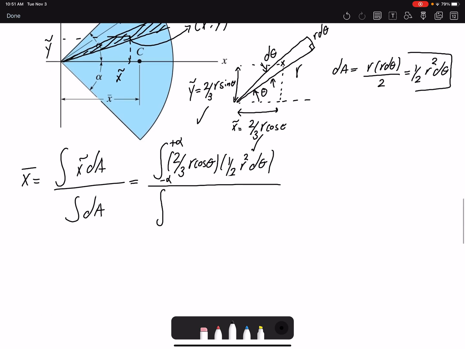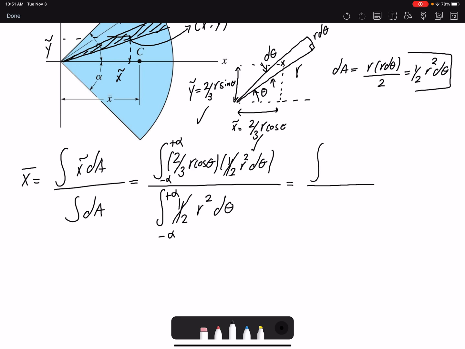Similarly for dA, half r squared d theta, from negative alpha to positive alpha. So I can simplify this. The halves go away.